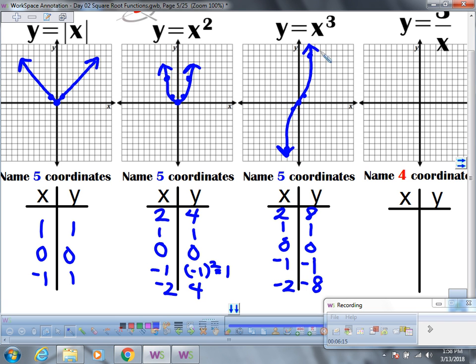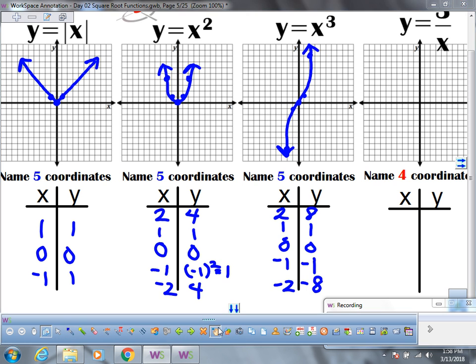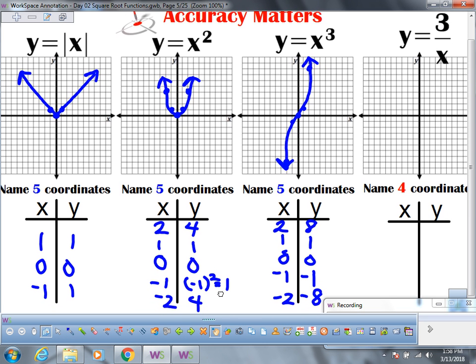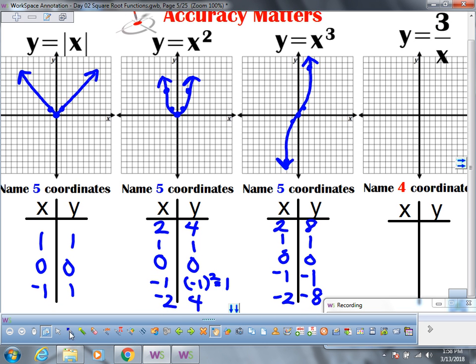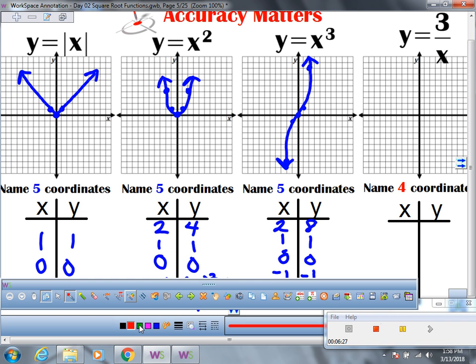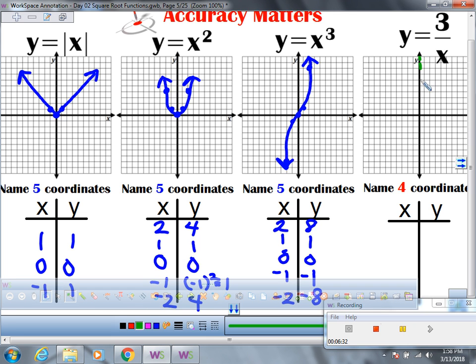The last one is our rational function. The only reason I'm going to bring this up is because that one has a stretch on it. So first, before I do anything, my asymptotes would be 0 and 0. There is no vertical shift, and there is no horizontal shift.